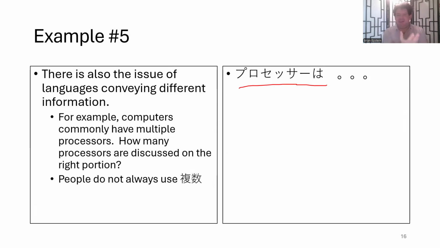And so you're going to see this issue where, if you're trying to match the features of the original Japanese claim to the features of a translated English claim, it's going to carry different information. It's not the same. You have to add things, sometimes you leave things out, because the languages convey different information.